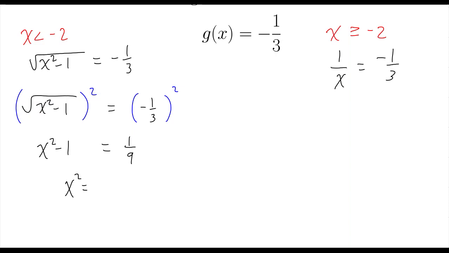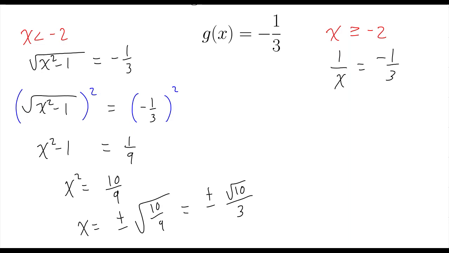Okay, so now 1/9 plus 1 is the same as 1/9 plus 9 over 9, because this is 1, which would be 10 over 9. Square root property. Positive and negative, the square root of 10 over 9, which we could simplify even further to the square root of 10 over 3, because the square root of 9 is 3.